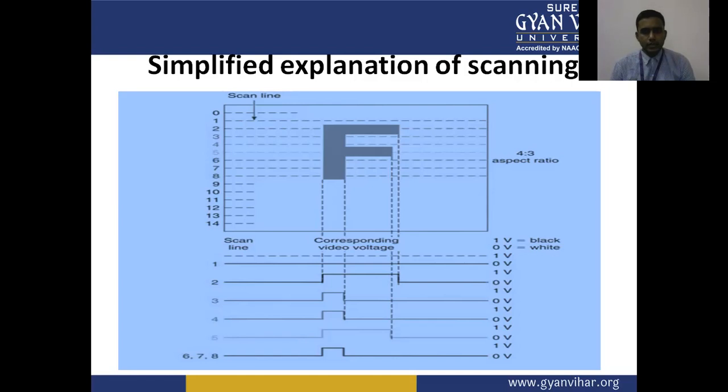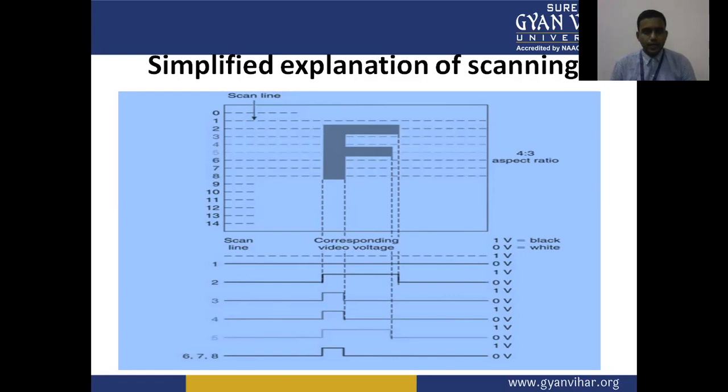Grayscale has a voltage value of 1 volt, and white has 0 volt. The corresponding video voltage is given here. If you take the projection below the screen, we get the voltage of 1 volt and 0 volt correspondingly.